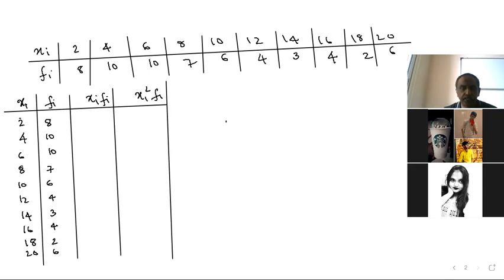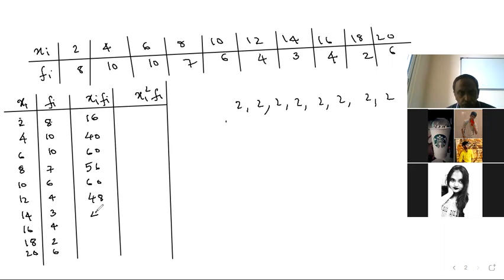Okay, multiply and write the answer, xi into fi. Do you understand the meaning of this? 2 is repeated how many times? 8 times. So instead of adding 2 eight times, 2 into 8 is 16. I hope you understood this xi fi. The products are 16, 40, 60, 56, 60, 48, 42, 64, 36, 120.